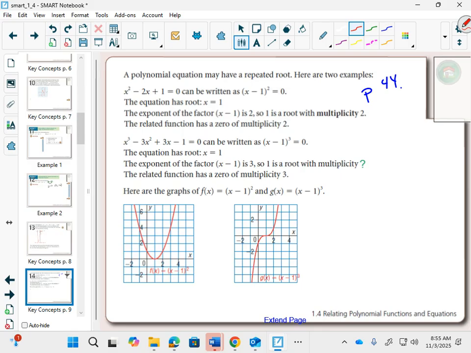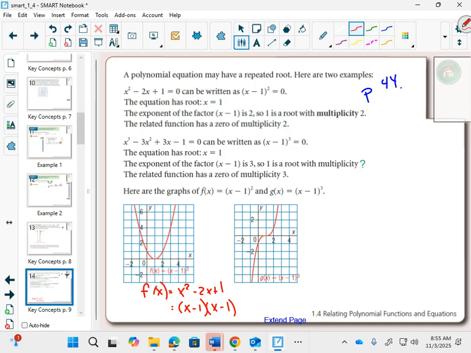Okay? Now, when we factor this, if I had started with this form of the equation, x squared minus 2x plus 1, if I factored it, both of these factors end up being the same, x minus 1 and x minus 1.